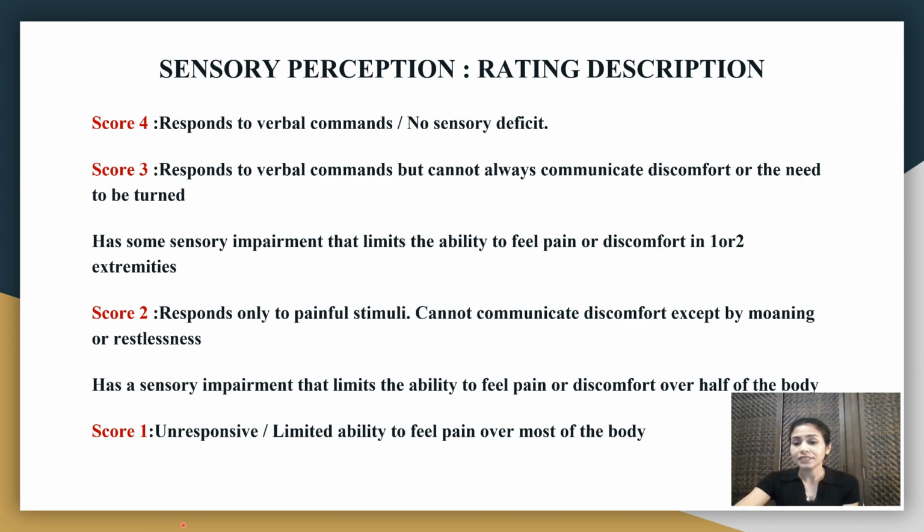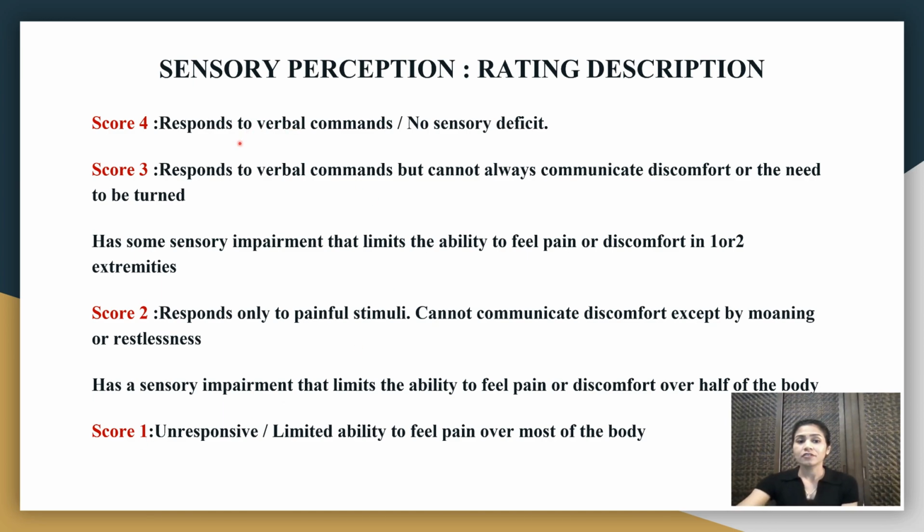So as I explained already, the maximum score is 4 and the minimum score is 1. And based on 2 main things, we are giving score here. The first one is the conscious level of the patient and the second one is the ability to feel the sensations.